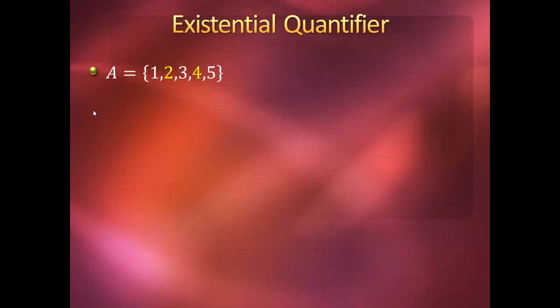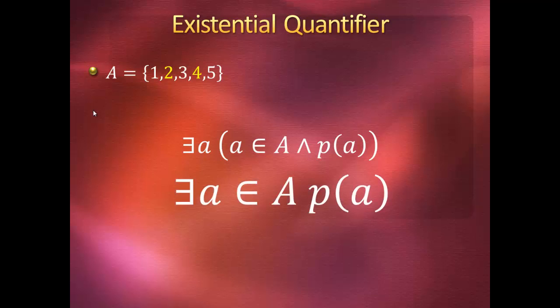Yes, in fact there are 2 and 4. But how many there are, or which ones they are, isn't the important part. The important part is that there exists some number little a, such that little a is in A, and P of little a is true. And again, we have a shorthand notation for this. We can say there exists a little a in A, such that P of little a is true.